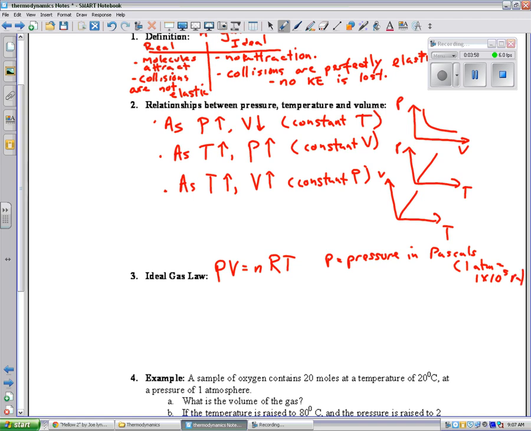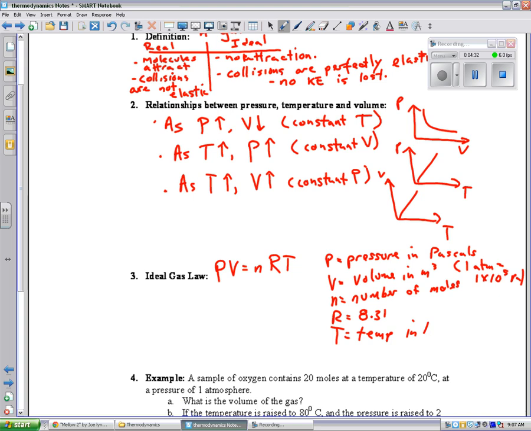A lot of times I'll give the pressure in atmospheres, and you have to know that it needs to be in pascals. V is volume in meters cubed. A meter cubed is a very big volume, so you'll probably have small numbers for that. n is the number of moles.